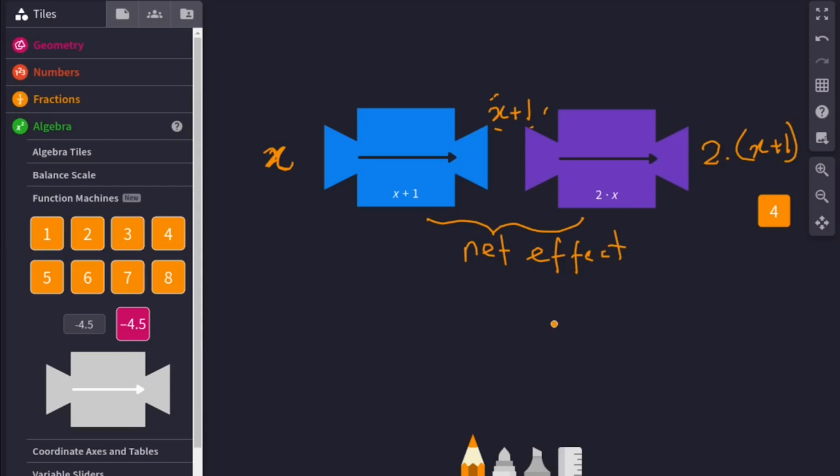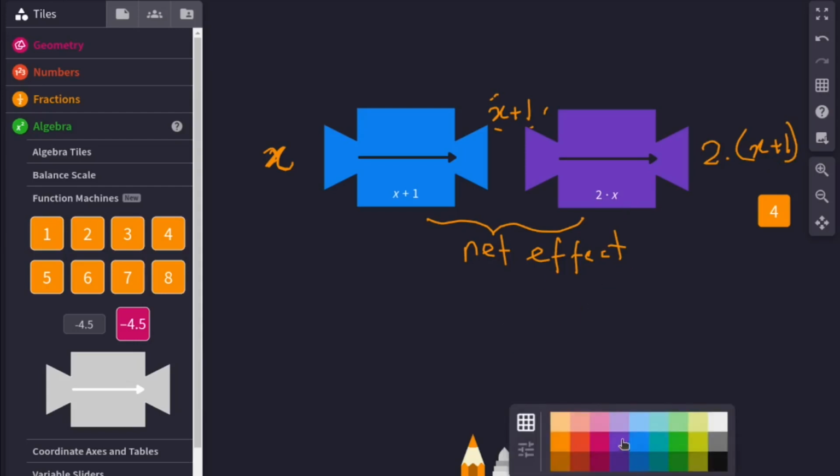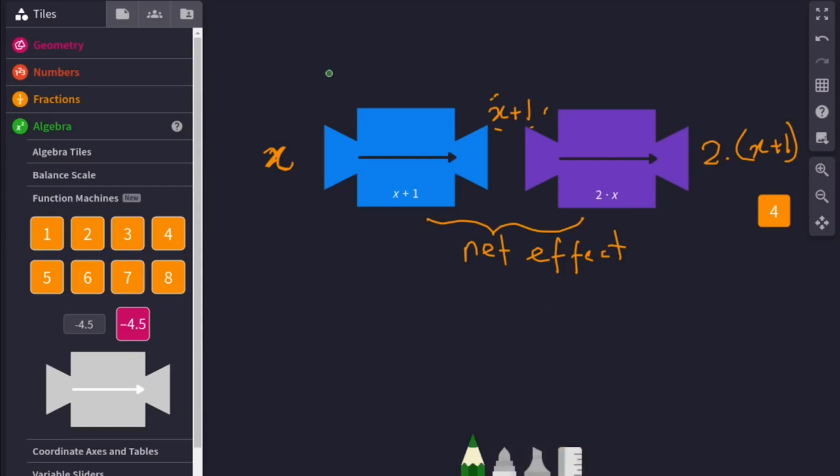So in effect, what has happened here is, if we consider both these functions like that, and if that's a single machine, it has taken x as an input and given me 2 times (x plus 1). So I'm going to forget whatever's inside that. I'm going to consider it as a black box, which is what I'm going to replace with my new machine.